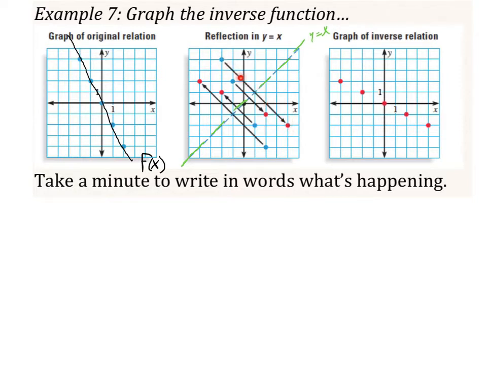You're mirroring each point across diagonally this identity function here to create our inverse function. So there you go. And that becomes f inverse of x.